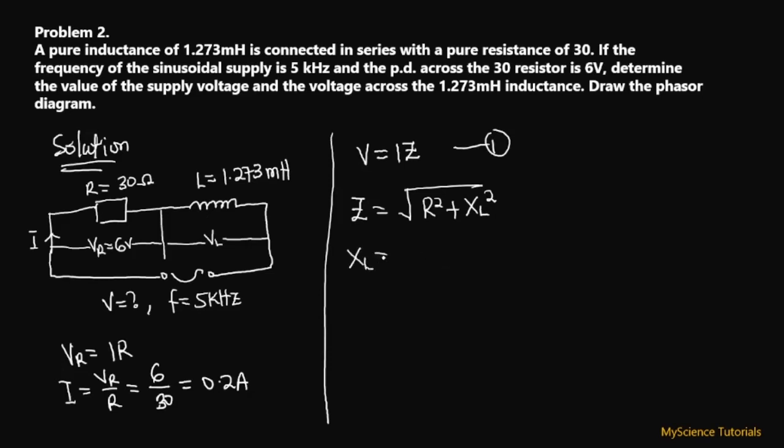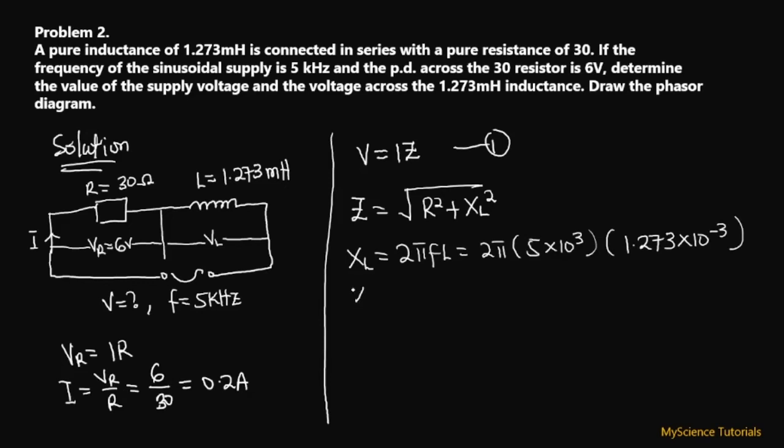Our inductive reactance is given mathematically as 2 pi FL. So this is 2 pi, our frequency we've been given to be 5 kilohertz, so we have 5 times 10 to the power 3, multiplied by our inductance L, which has been given to us to be 1.273 times 10 to the power minus 3.